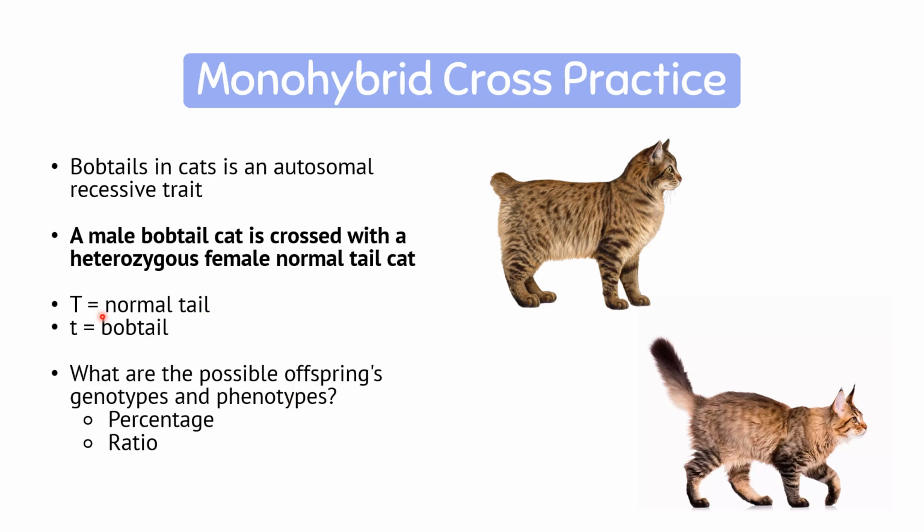Capital T is what we're going to use for a normal tail, like this over here, and lowercase t is what we're going to use for the bobtail. What I want to figure out is what are the possible offspring's genotypes and phenotypes, in both a percentage and a ratio. So if these two cats mated and produced babies, what would their genotypes and phenotypes be?